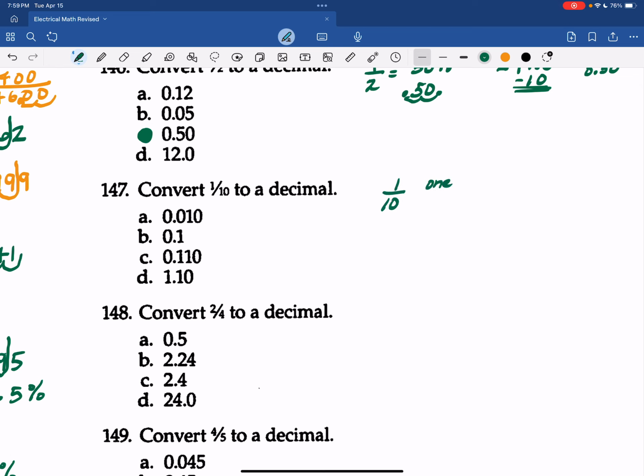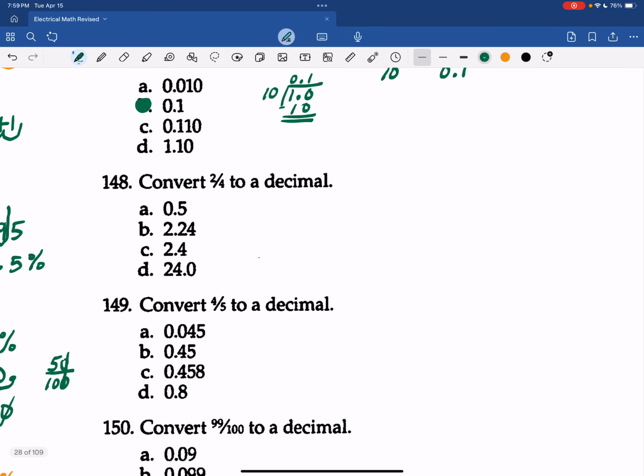If you know how to read decimals, you can do this one. 1/10 is 0.1. You could also do 1 divided by 10 to get 0.1. But you have to know, no, you don't, sorry, the answer's B, 1/10.